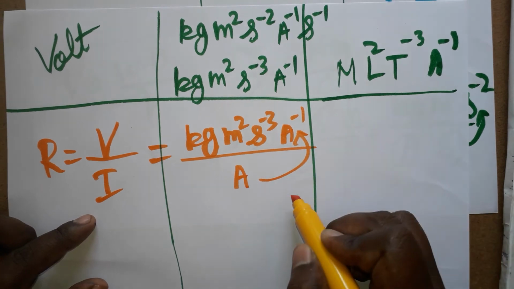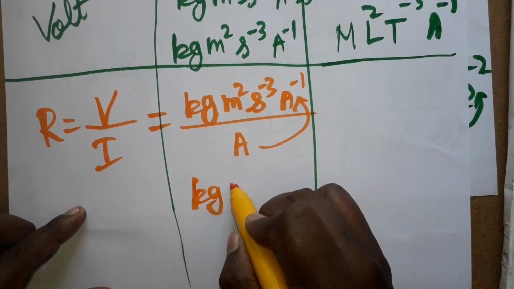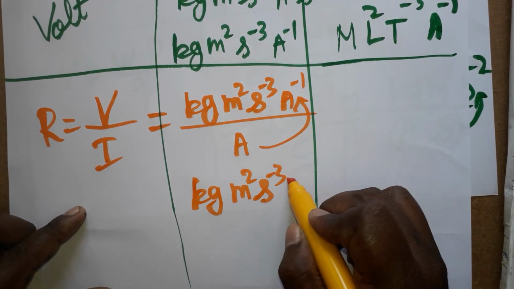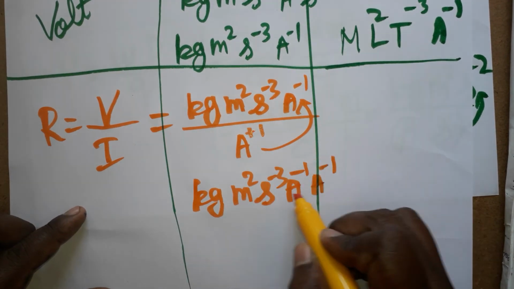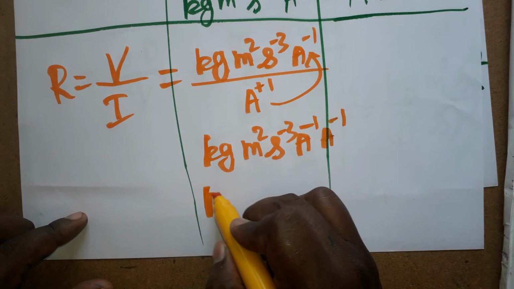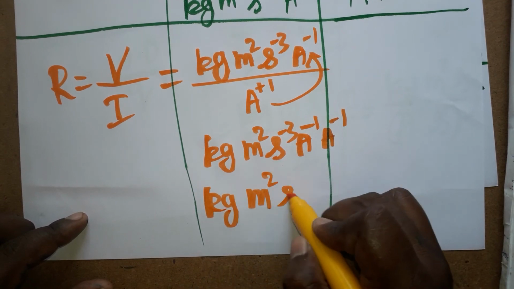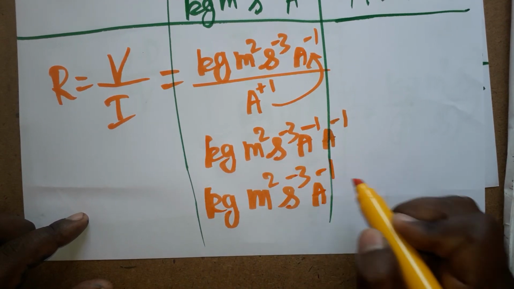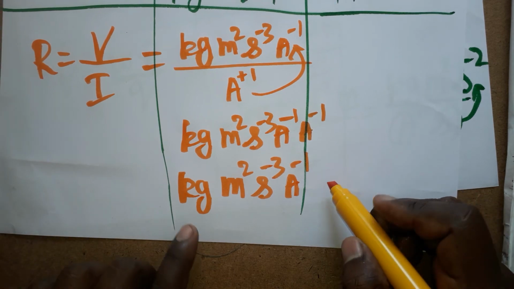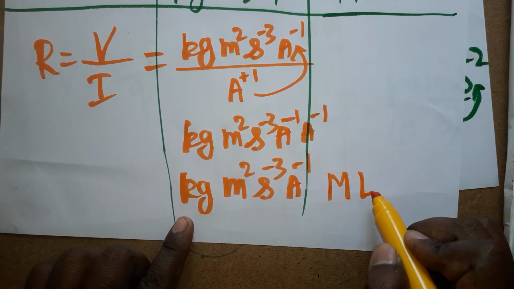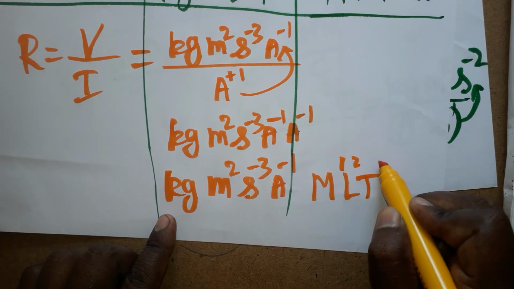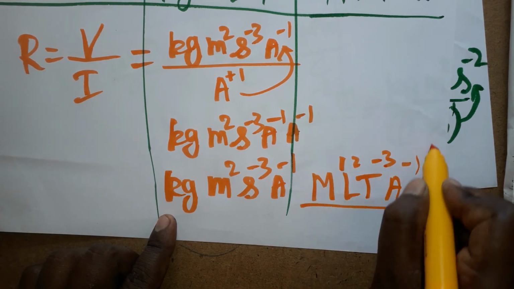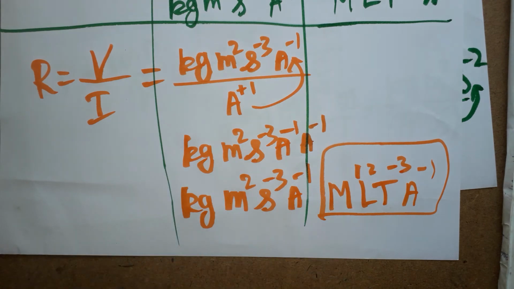From the denominator, taking ampere to the numerator, we get kg meter square second minus 3 ampere minus 1, and minus 1 gives minus 2. So kg meter square second minus 3 ampere minus 2. The dimensional formula for kg is M, length is L, time is T, current is A: 1, 2, minus 3, minus 2. We got the dimensional formula for the electric resistance.